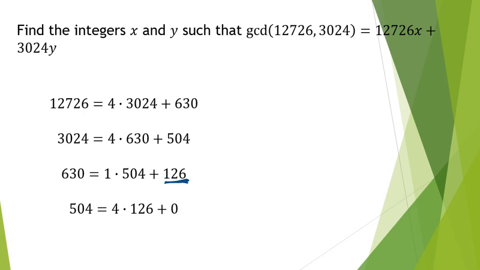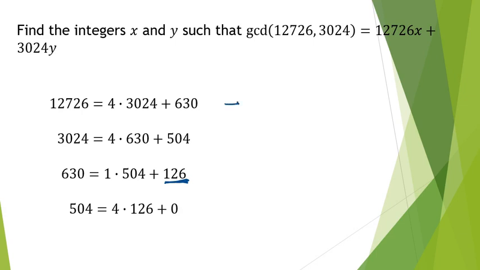So here's what we're going to do with the reverse engineering of the Euclidean algorithm. To start off, look at every row except the final row, so every row that has a non-zero remainder. For each of these rows, you're going to solve for the remainder in the use of the division algorithm for that particular row.